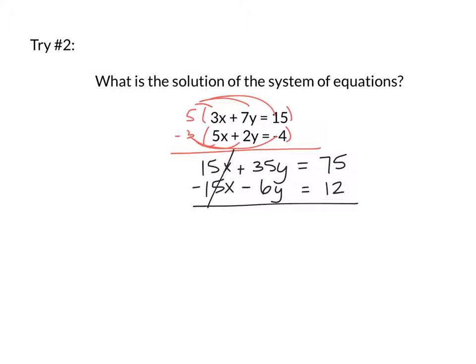X's are gone. 35 minus 6 will give me 29y. 75 plus 12 will give us 87. If we take 87 and divide it by 29, we will get 3 for y.